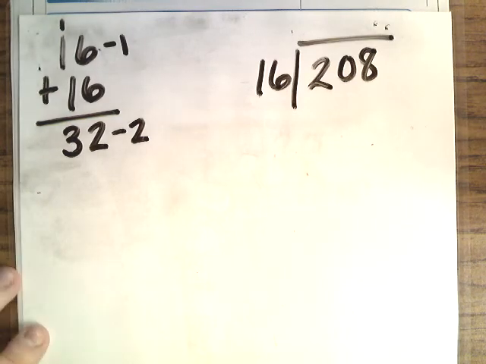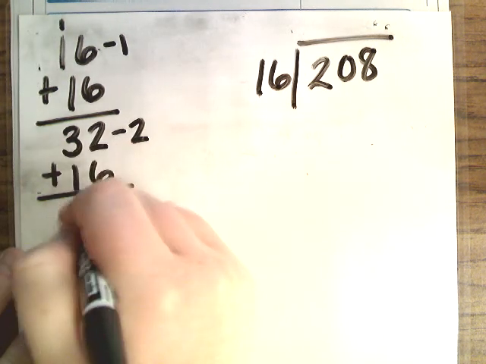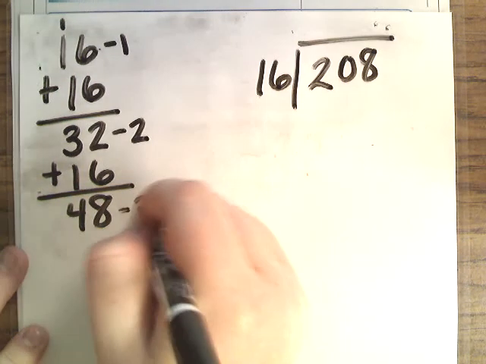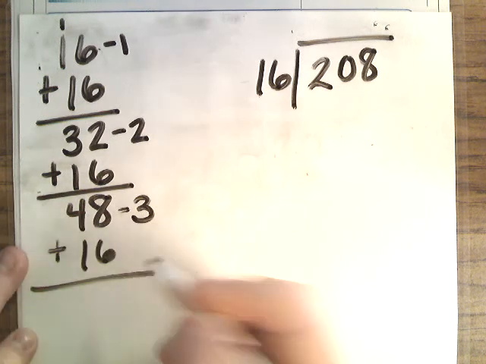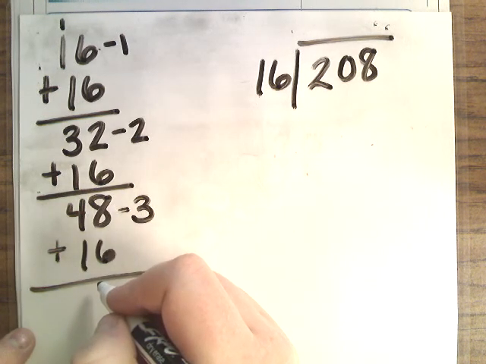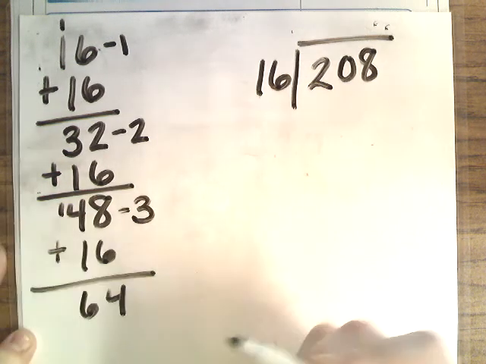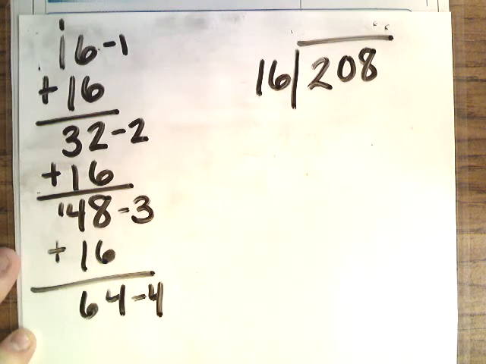And we're going to add 16 to that. So we have 8, 4. So 16 times 3 is 48. Add 16. 8 plus 6 is 14. Carry the 1, 4, 5, 6. Okay, 16 times 4 is 64.